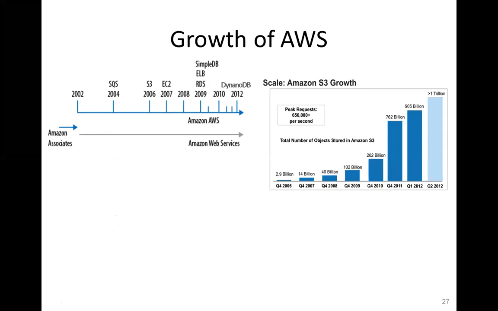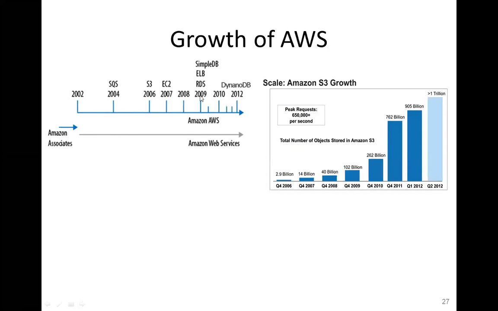We have discussed the growth of AWS from the 2002 Amazon associate to Amazon Web Services. In 2002, it was only a simple Amazon.com website. And you can imagine in 2006, there was the S3 service that is called Simple Storage Service. Then came the EC2 service, that is Elastic Compute Cloud 2, called EC2.